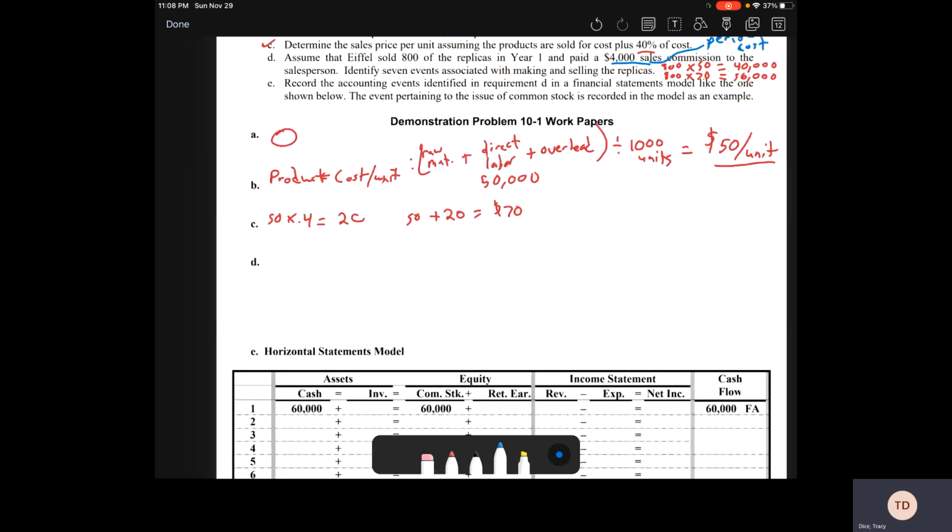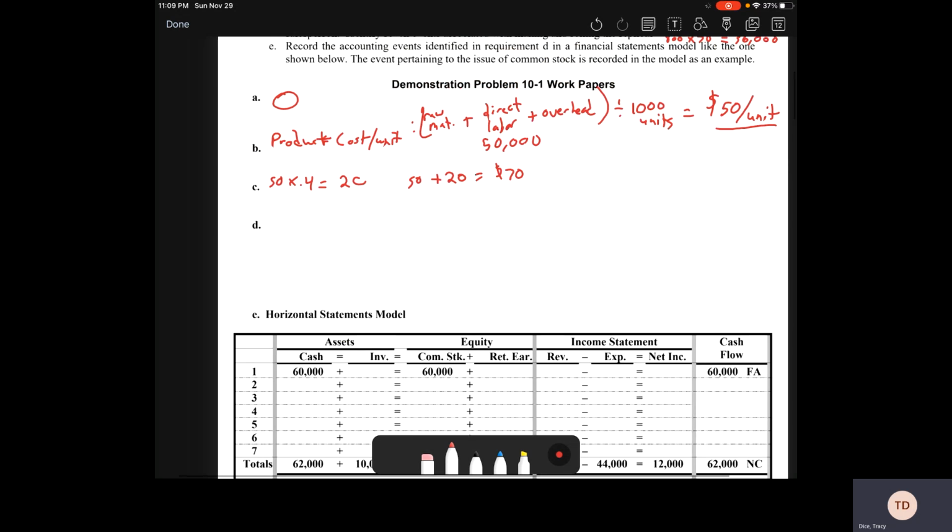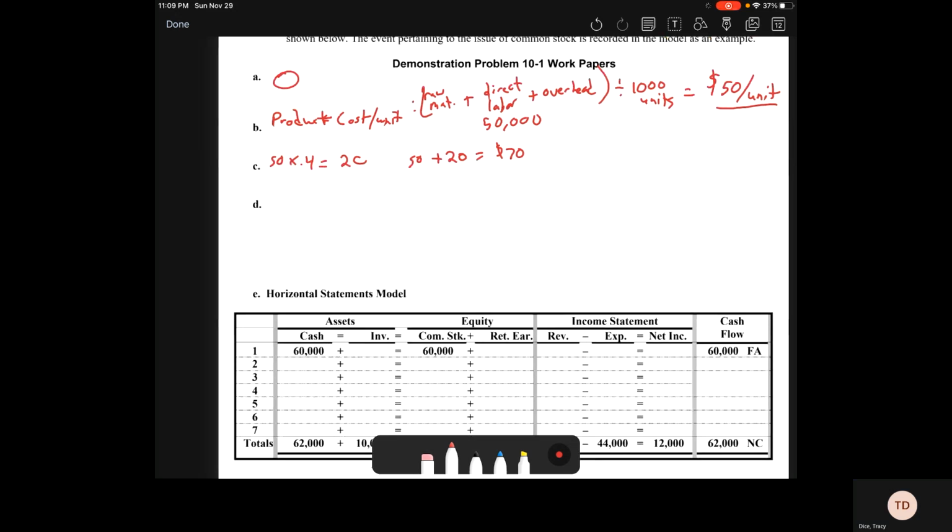So now part D says identify 7 events associated with making and selling the replicas. All right, so basically what we're doing here is we're just identifying the 7 events that we're going to put on our horizontal statements model. They already gave us the first one.